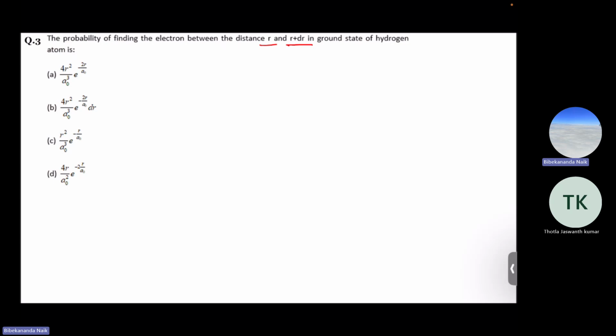So we know the wave function has no physical significance, but if we want to find out the probability of finding the particle, then it is represented by the square of the mod of the wave function.